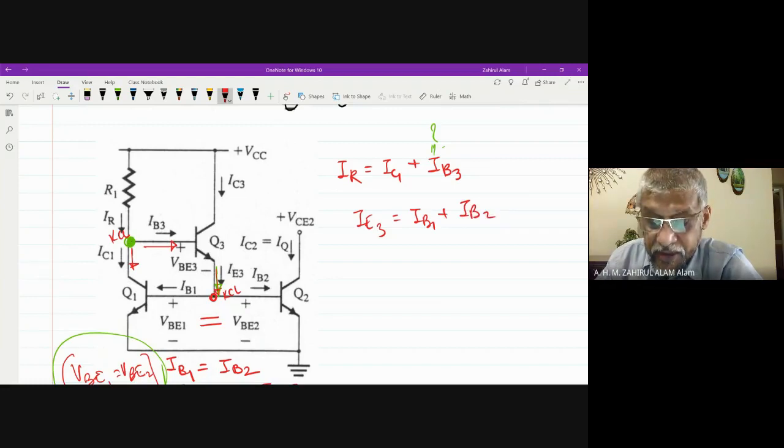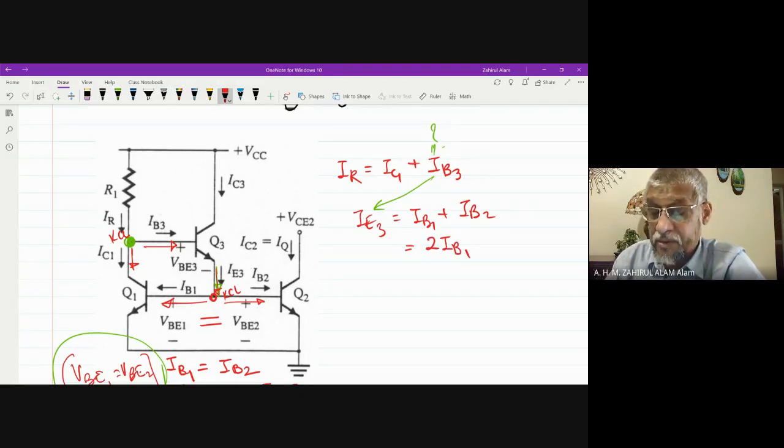So now there is a relation between IE3 and IB3, and this is also related to the collector current. So now we have reached this position.